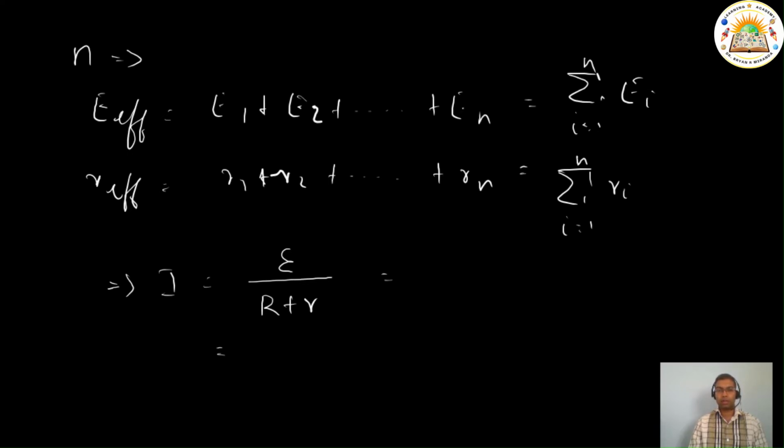So I can simply write this as sigma i equals 1 to N Ei divided by R plus sigma i equals 1 to N Ri. So this is for N cells that are connected in series.